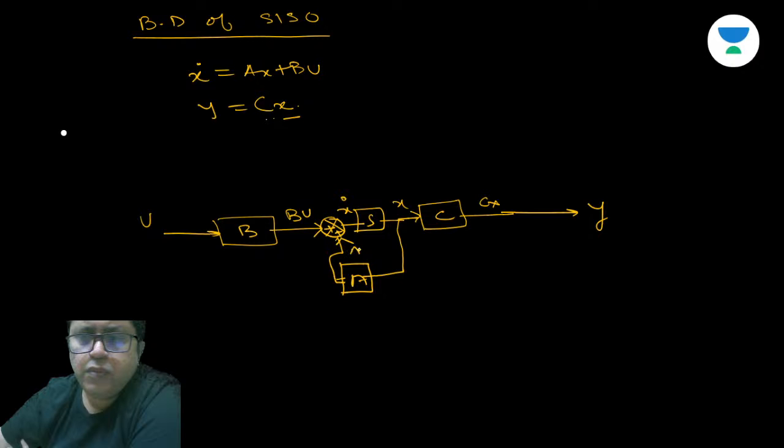This is ax, this is bu. ax plus bu is equal to x dot, and the integral of x dot is equal to x. x into c is cx. This is the block diagram of which system? Sorry, SISO system.